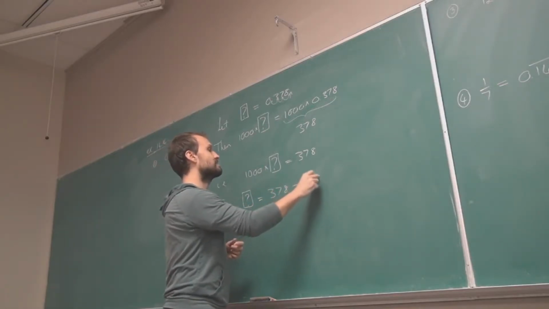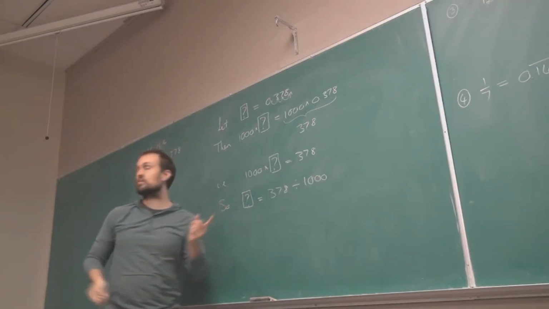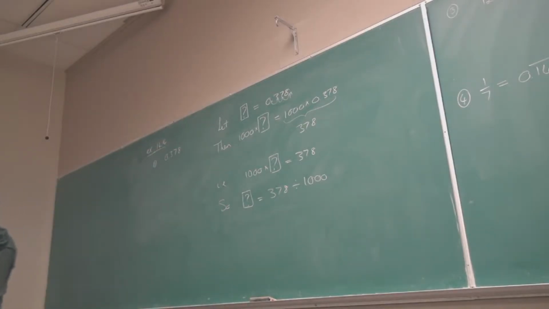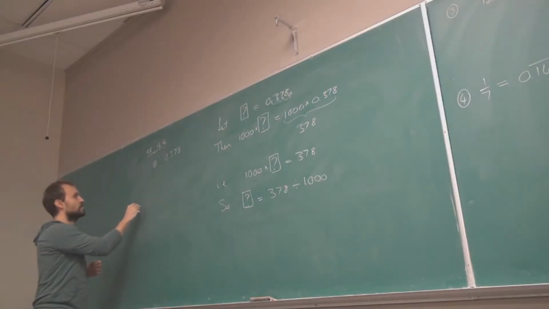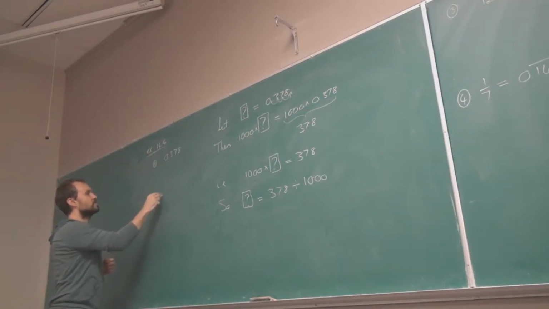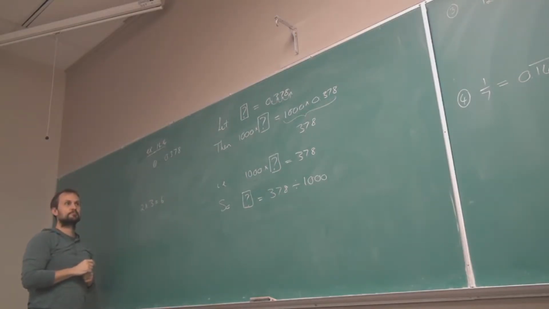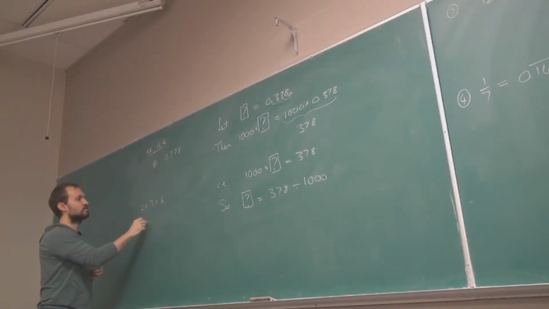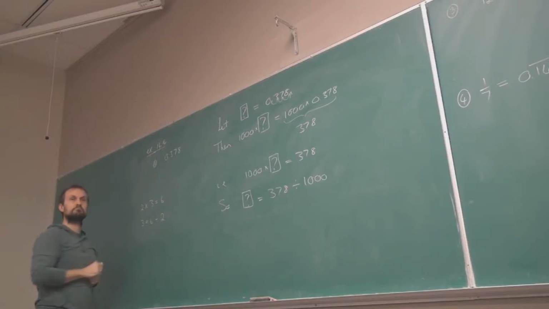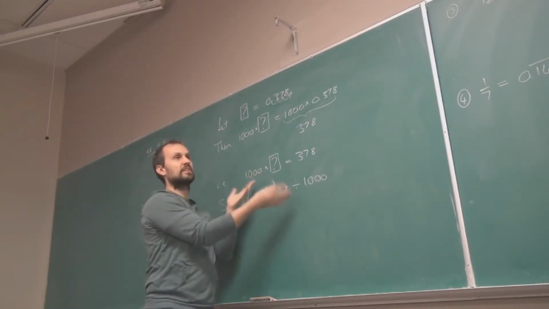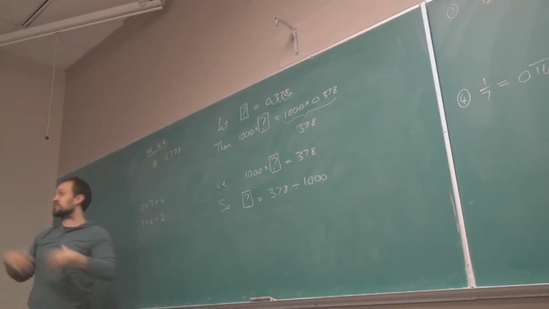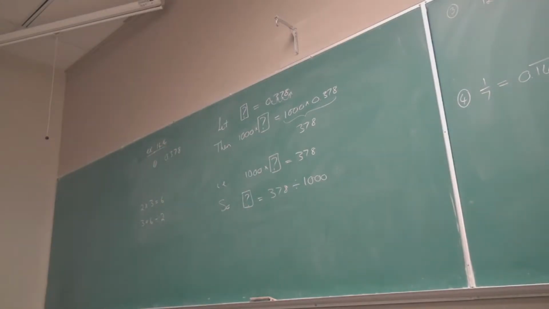So I'm going to write it like this for now, just to emphasize that I'm rewriting a multiplication sentence to a division sentence. Maybe you're not quite comfortable with that, right? Let's go with 2 times 3 equals 6. How do I write that as a division sentence? 3 equals 6 divided by 2. So easy. Yet when we have slightly less comfortable things, we think different things should happen, but nothing different is happening.